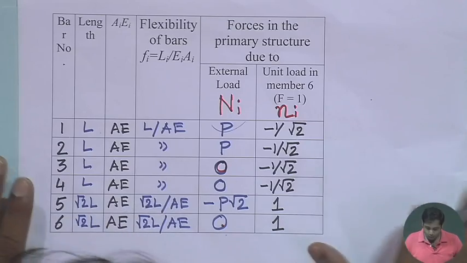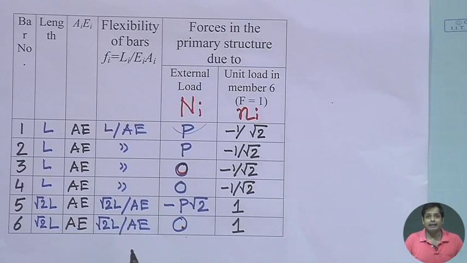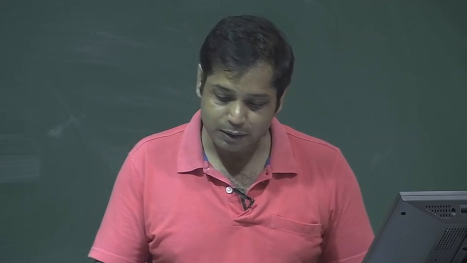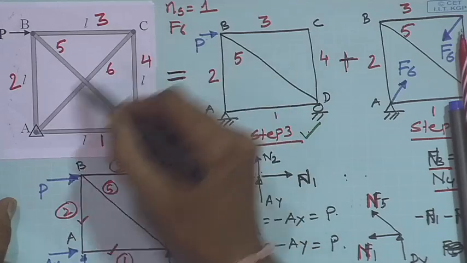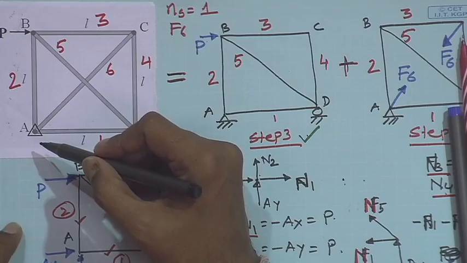Now we have already done step 1, step 2, step 3, and step 4. Step 5 is applying the compatibility condition. What is the compatibility condition we have? The force in member AC we consider as the redundant force.